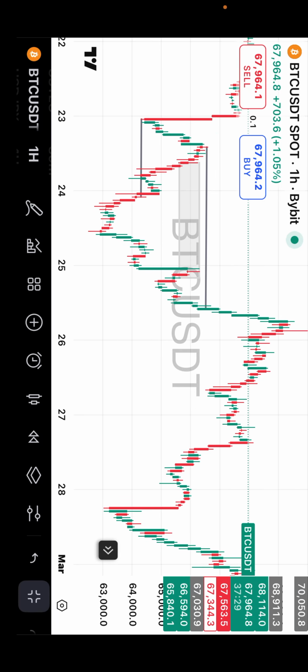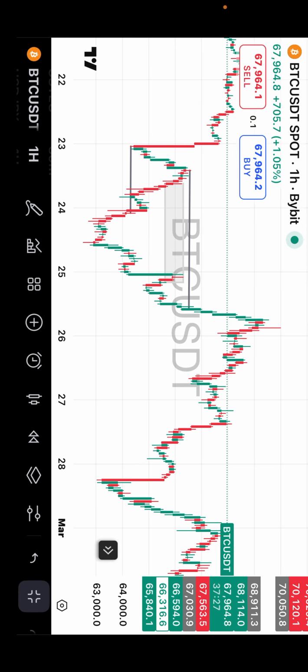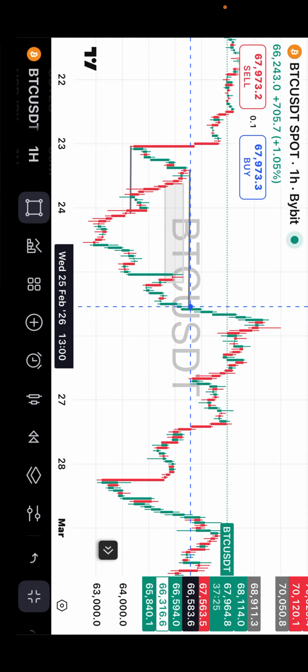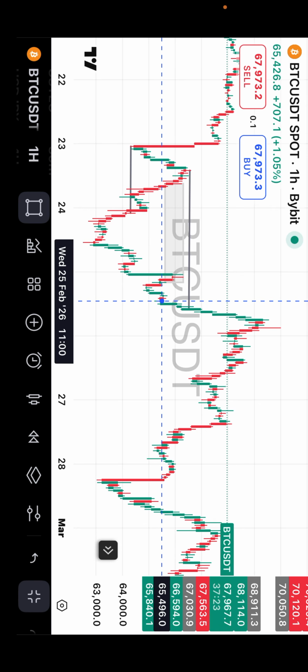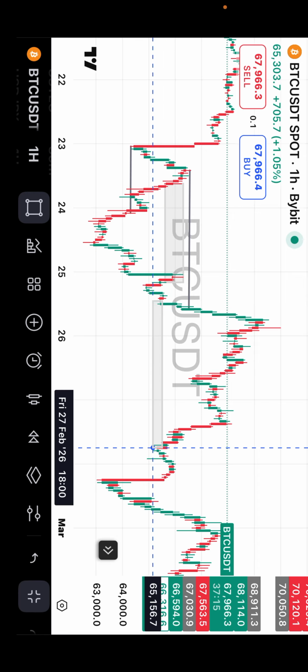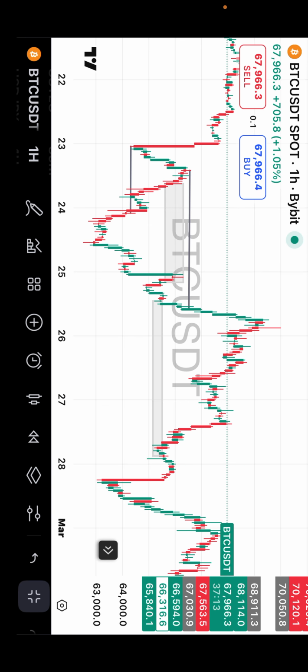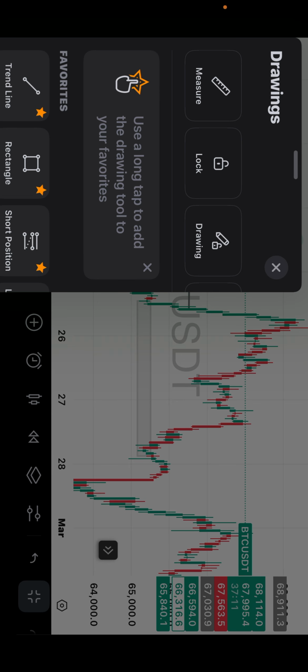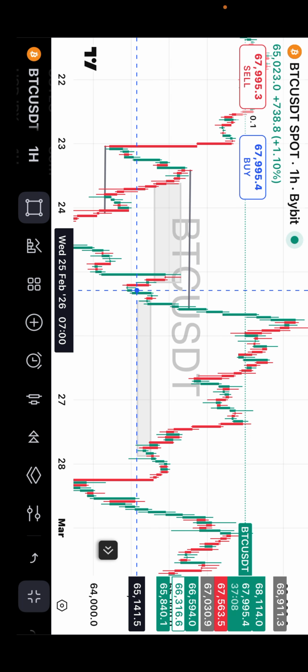Now, at this point, we have so many demand zones. You can see this is the first demand zone we have here. We have another one here again.